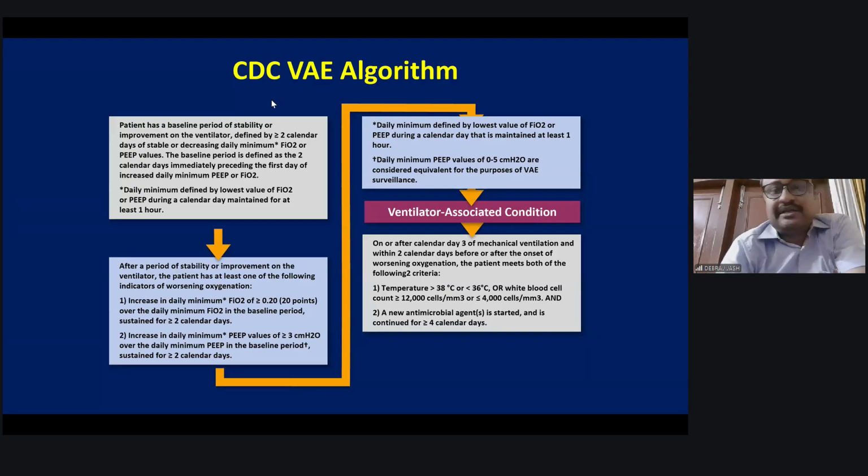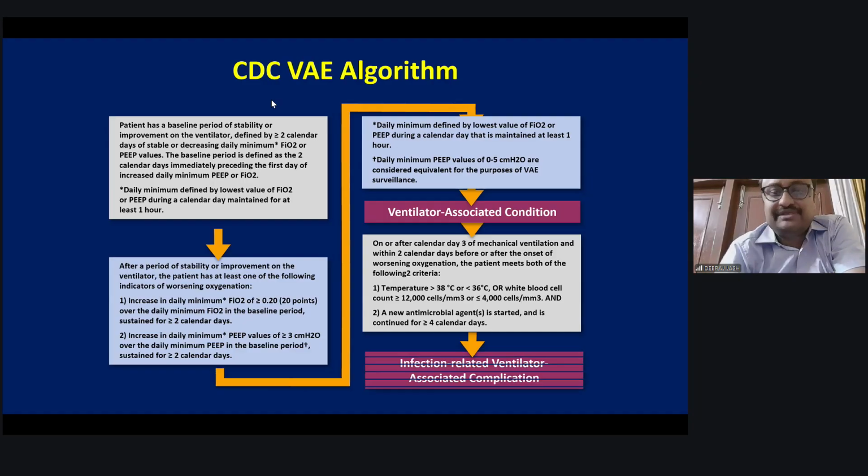On top of ventilator associated condition, if the patient develops temperature of greater than 38 or less than 36 and WBC count of greater than 12,000 or less than 4,000, or a new antibiotic is started, then I will call this term infection related ventilator associated condition.